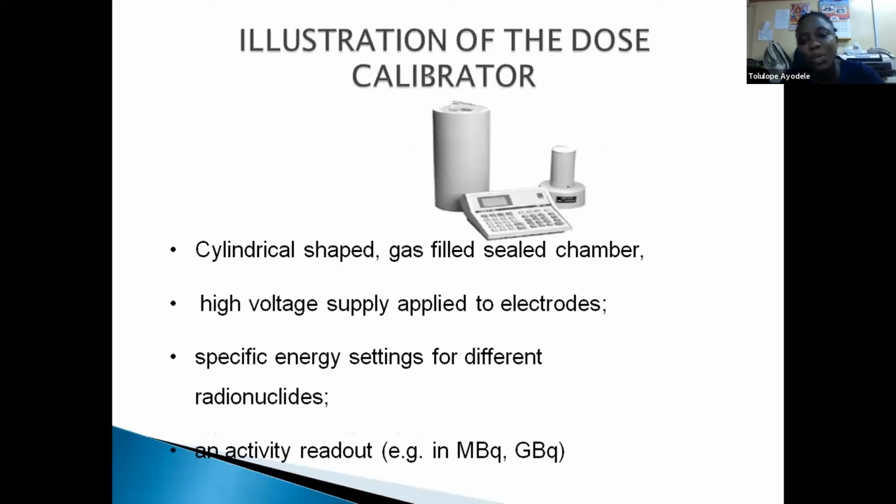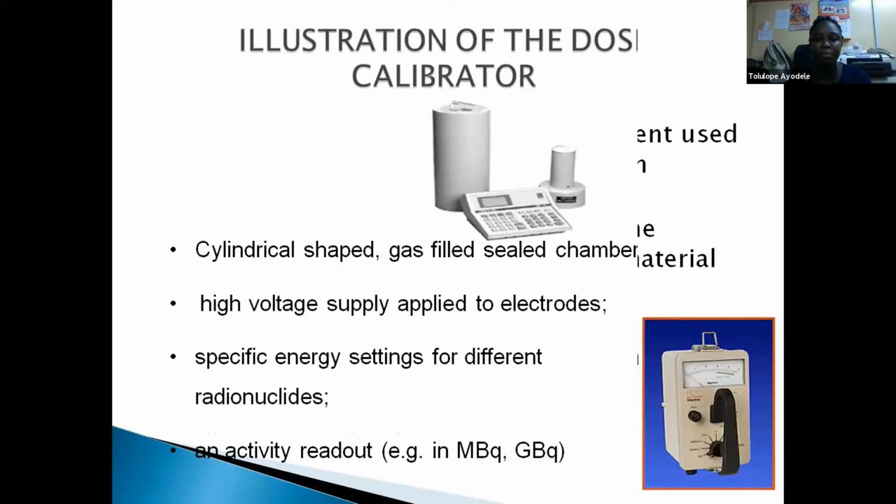This is a typical illustration of the dose calibrator. It's cylindrical shaped, and it's gas filled. It has its various components, as you can see, and it reads the activity in becquerel. It could either be megabecquerel or gigabecquerel.